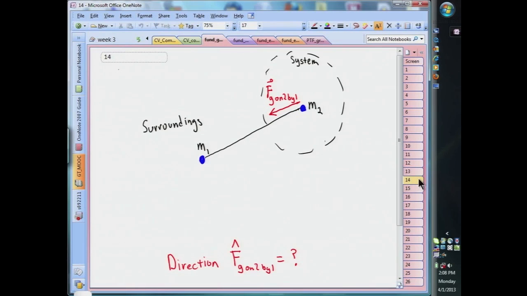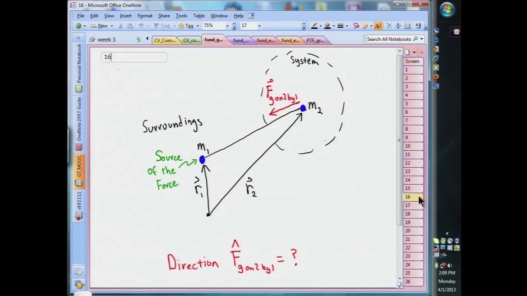Let's first work up a way to specify the direction of this force, which depends on the positions of the masses, since, as we just said, the gravitational force is directed along the line between the two. So, if we make a choice of origin for a coordinate system, then we can locate the two masses with position vectors r1 and r2.